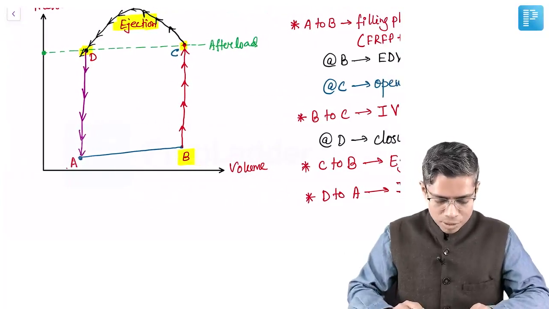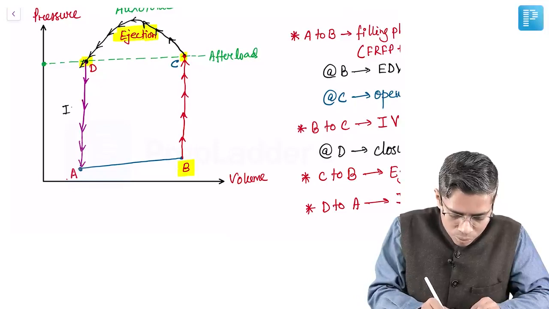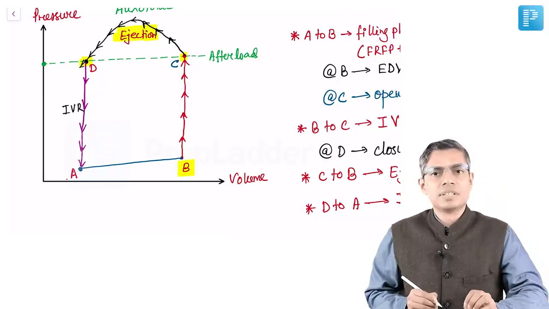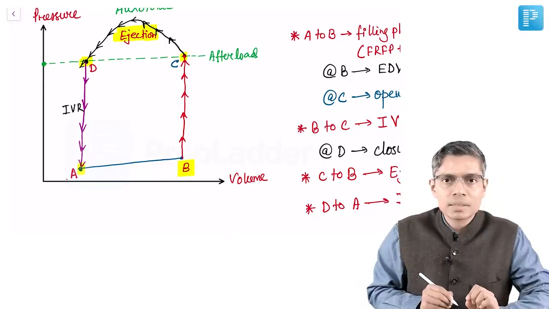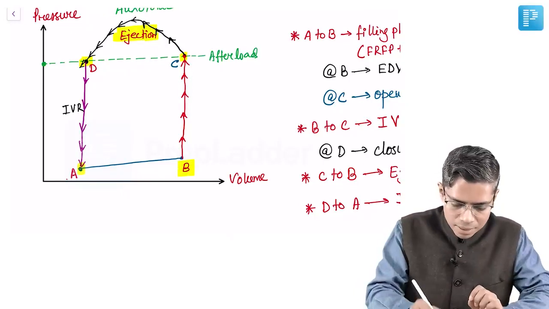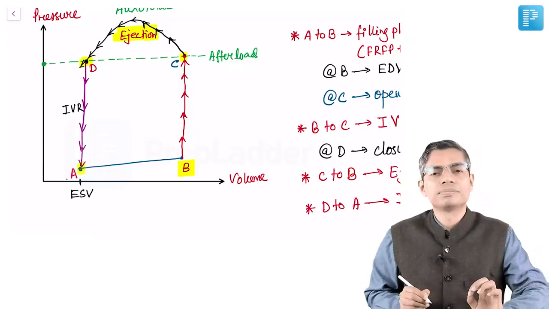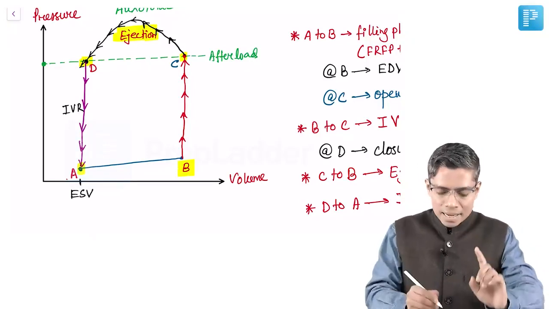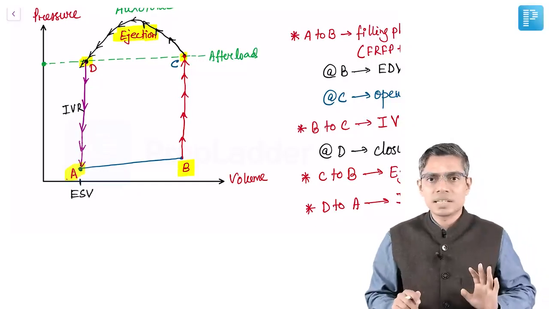So now please note down that at the end of this isovolumic relaxation phase, there is a very minimum volume of blood still present in the ventricle. This volume of blood which is still present in the ventricle is known as end systolic volume. Okay, and at point number A, this is the end of isovolumic relaxation.